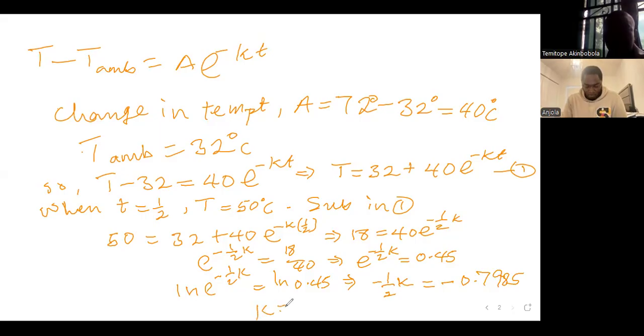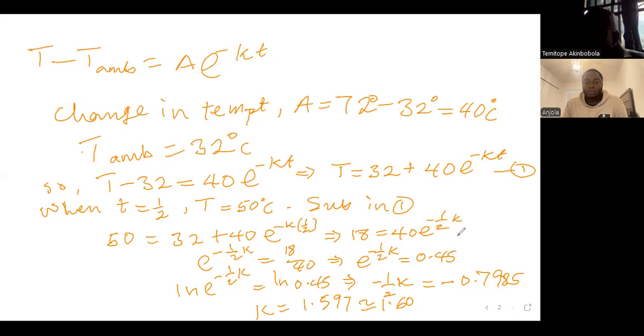So k will now be 2 times 0.7985. That will give us 1.597, which you can approximately say 1.60. So using that condition, that is, when time is 0.5 minutes, the thermometer reads 50 degrees, that has afforded us to get the value of k.